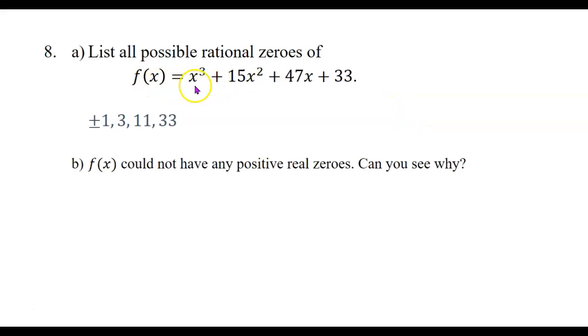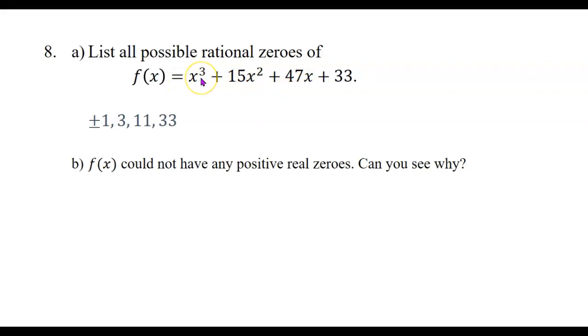Now, this polynomial function could not have any positive real zeros. Can you see why? You're welcome to pause the video if you want to think about it for a minute. But think about what would happen if you plug in a positive number for x.